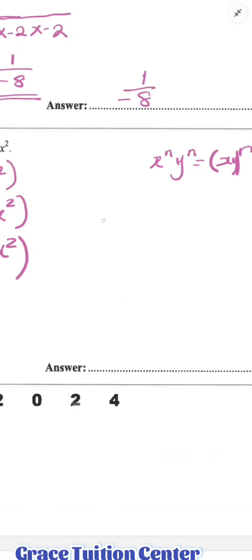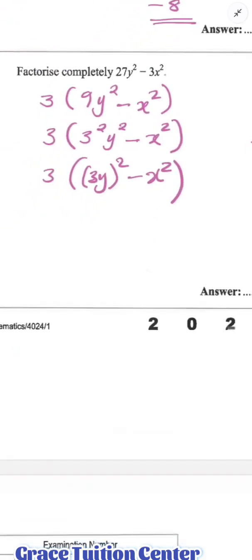This is a rule which states that if you have x to the power 2 minus y to the power 2, you can simplify this expression by just coming up with 2 brackets. You write x there plus y, x there minus y. So this rule is called difference of two squares. It's a way that we use to express expressions that look like that. So let's go ahead and factorize this.